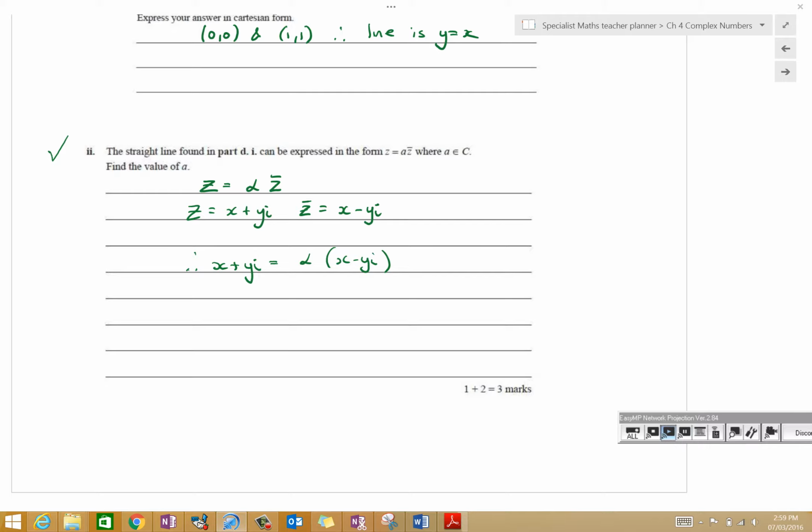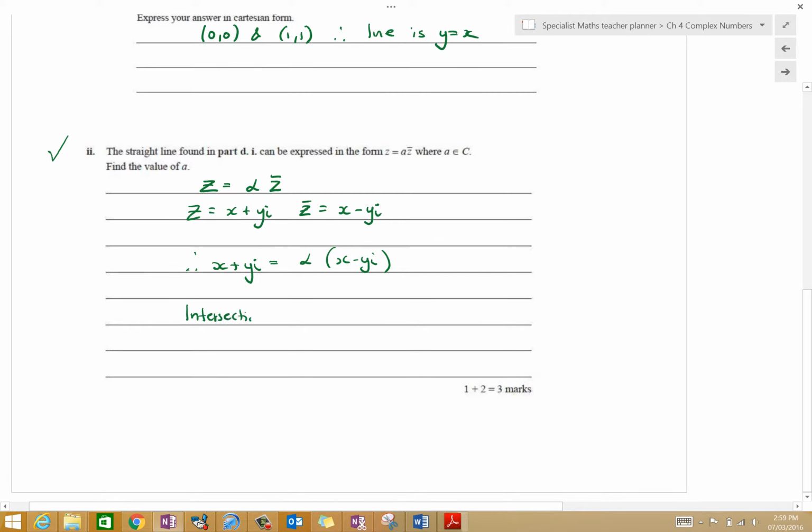Now, we've been given that. However, we can say where do they intersect? They intersect at 2 points. One's not going to be too helpful, but there's an intersection at 1, 1. So let's throw that in.